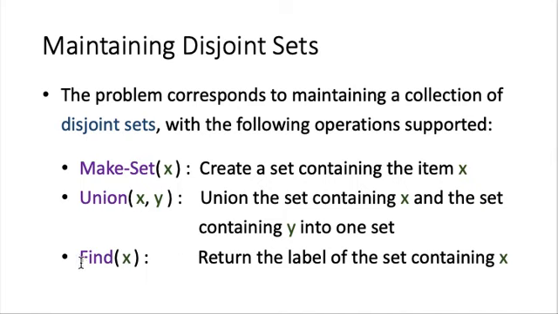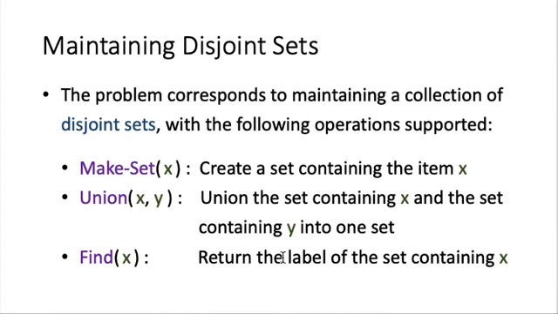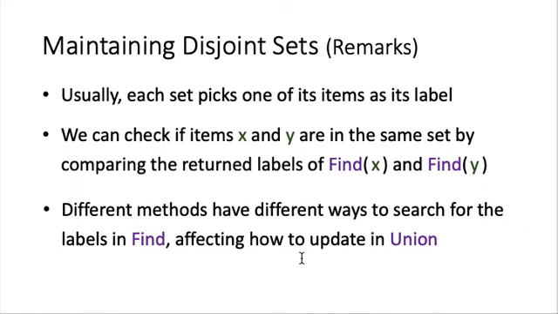And finally, we want to support the find operation. In the find operation, we want to return the label for the set that contains x. Here, it corresponds to finding which connected component contains x. Usually we talk about labels here. So how do we choose the label?